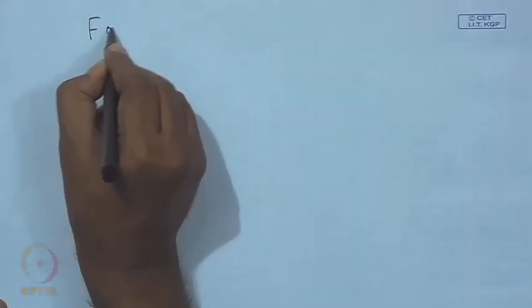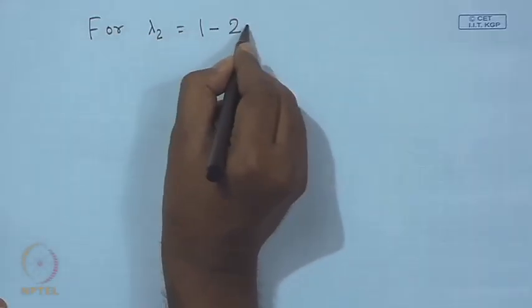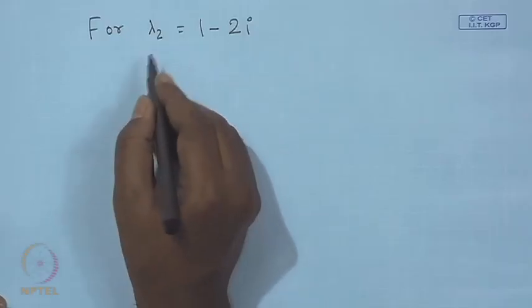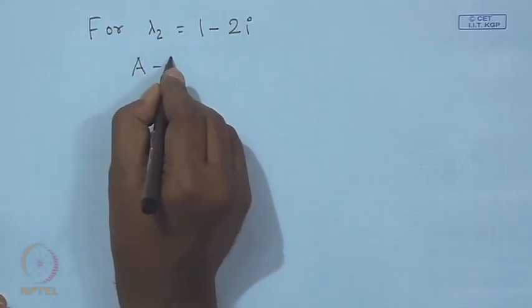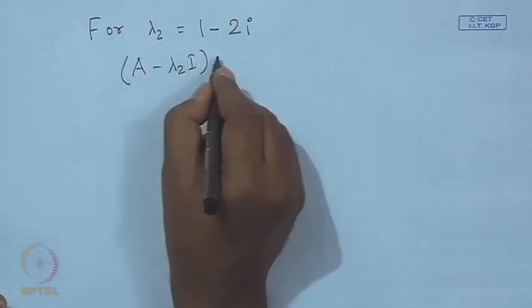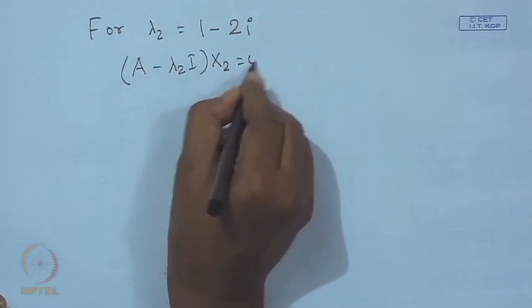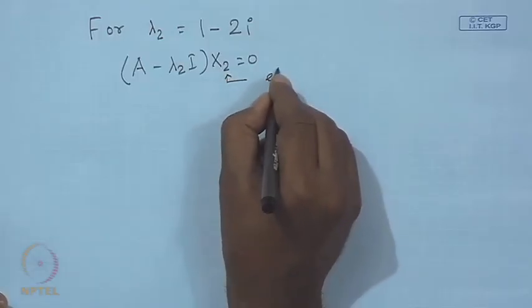Next we compute the eigenvector corresponding to the eigenvalue lambda 2. So, for lambda 2 is equal to 1 minus 2 I, again we get the corresponding eigenvector by solving this equation (A minus lambda 2 I) multiplied by x 2 is equal to 0, where x 2 is the corresponding eigenvector.